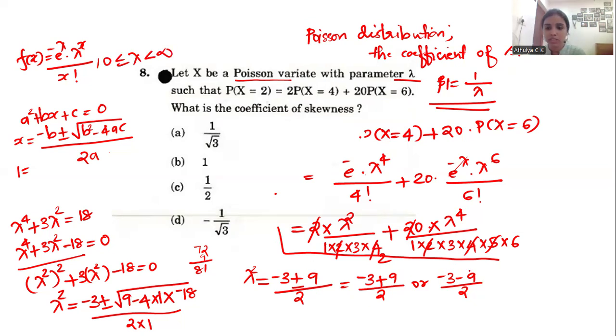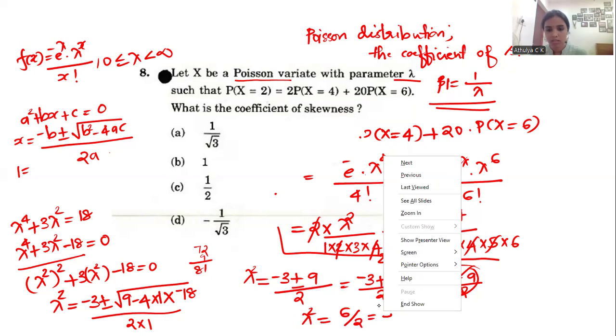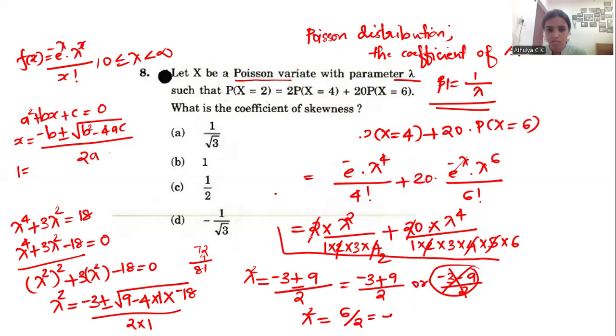So this value will not happen. So only this will exist. So lambda square is equal to 6 divided by 2, which is equal to 3. So we got the value of lambda square as 3.